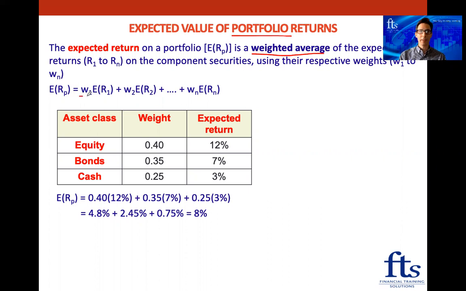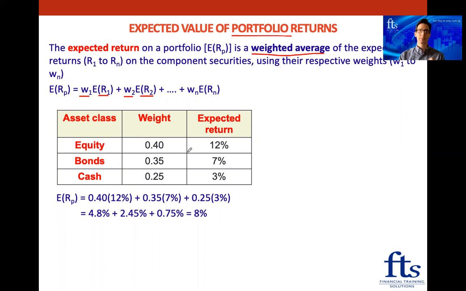So there's the weight that we've got in, call it asset 1 or whatever we want to call it. We multiply that by the expected return on asset 1. Then we take the weight we've got in asset 2 and multiply that by the expected return of asset 2, etc. So nice and easy. So here is our portfolio. We've got 40% in equity, 35% in bonds, and 25% in cash.